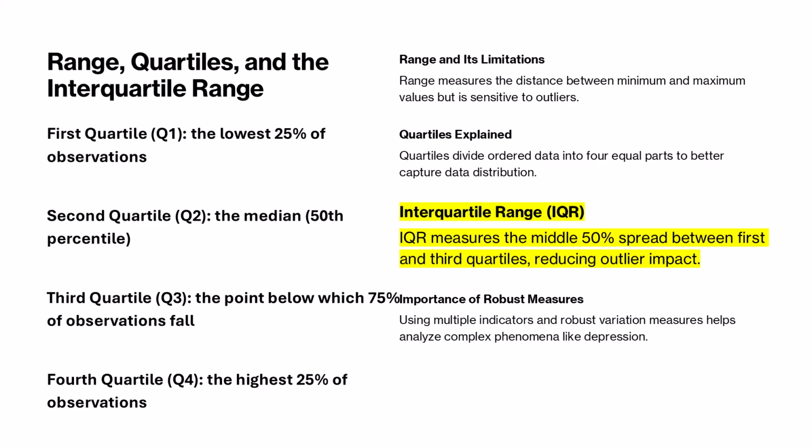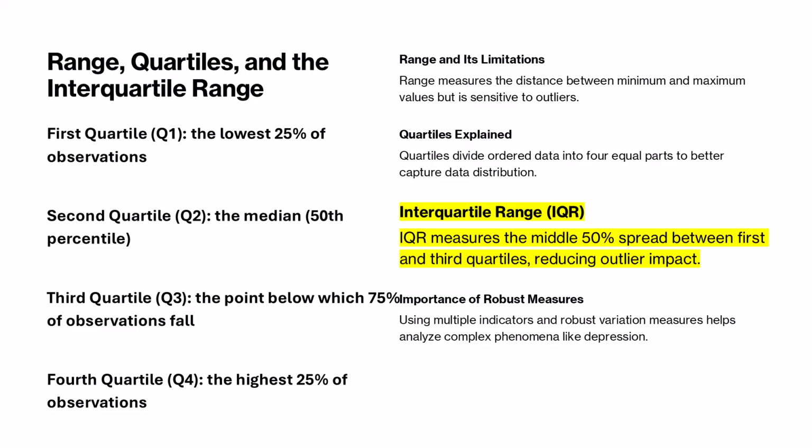Understanding how much individuals differ from one another is a central goal of descriptive statistics. Measures of variation address this goal by describing the spread of values in a dataset. The minimum and maximum identify the smallest and largest observed values, while the range summarizes the distance between them.